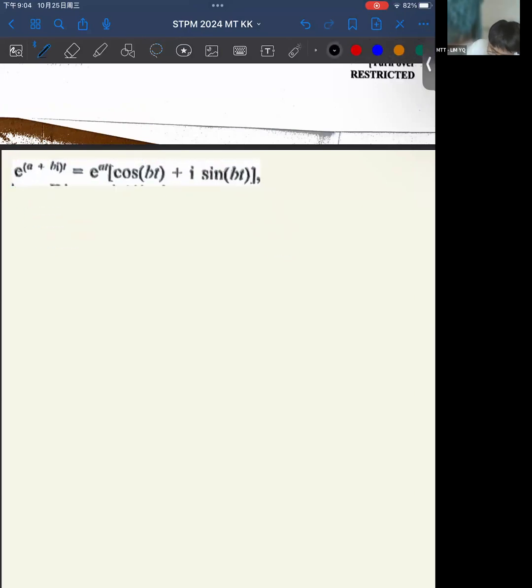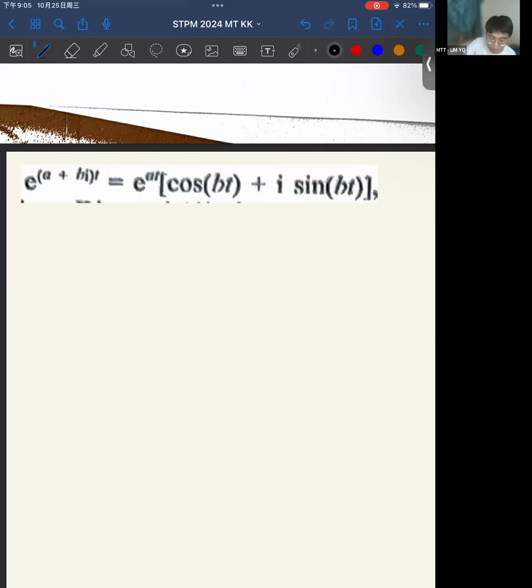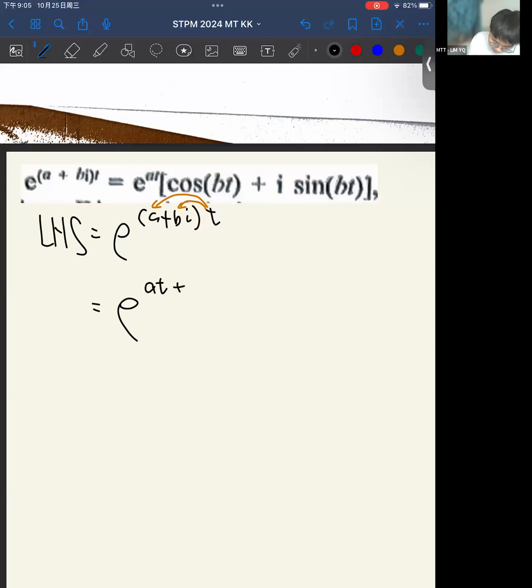Now from the left hand side to the right hand side, e to the power of (a plus bi)t. Now you use the Euler formula. By the distributive law, give t to a, give t to b, so it becomes at, and bti, or bit, whatever.